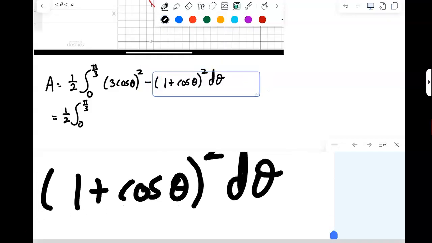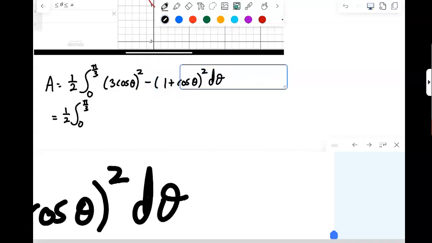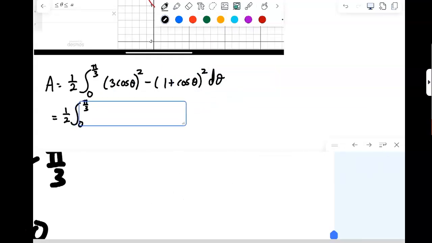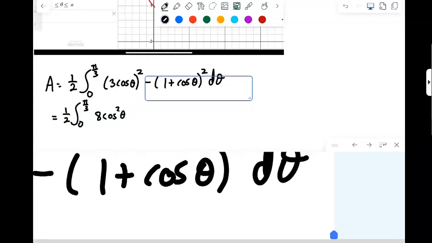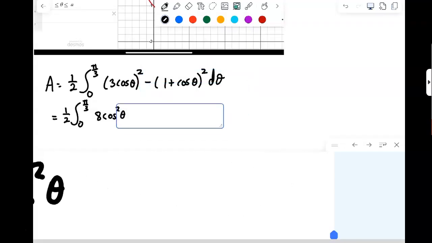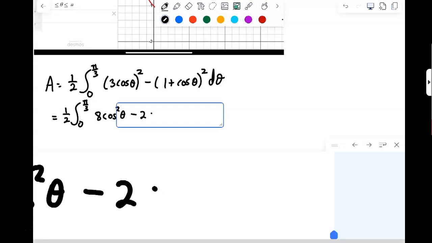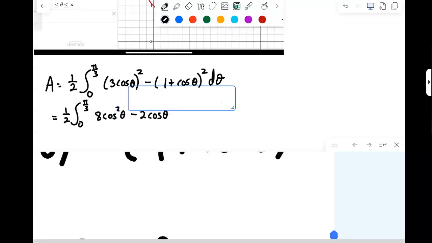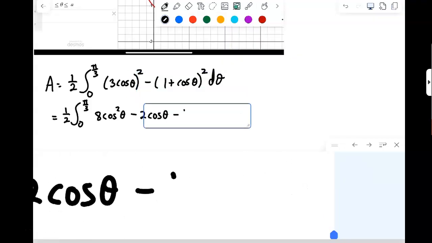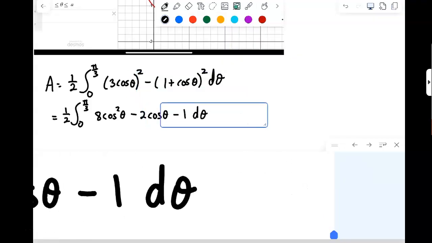So when I multiply that out, I'm going to have a cosine squared. So 9 cosine squared minus a cosine squared will leave me with an 8 cosine squared theta. And then when you multiply this out in the middle, you're going to have a plus 2 cosine theta, so that'll become minus 2 cosine theta. And we have a plus 1, which will now become a minus 1 d theta.